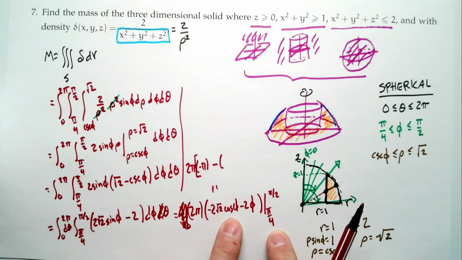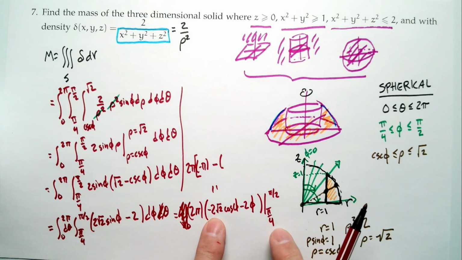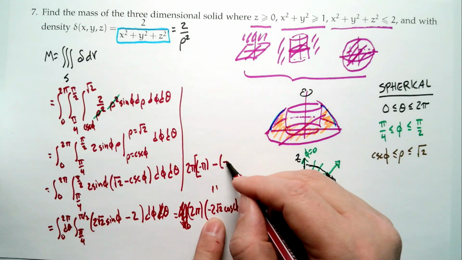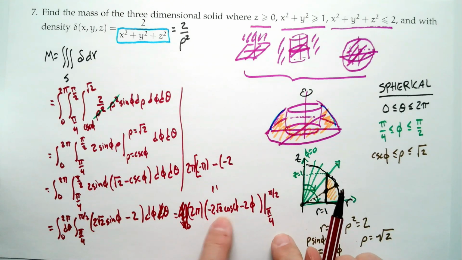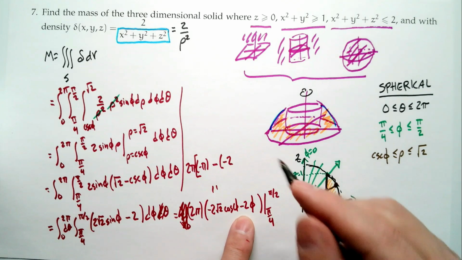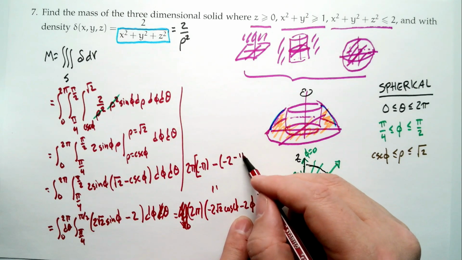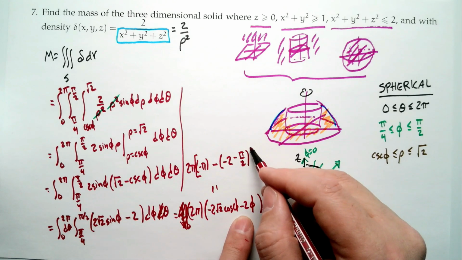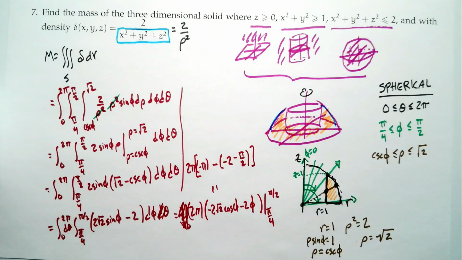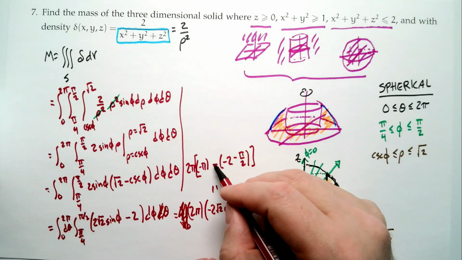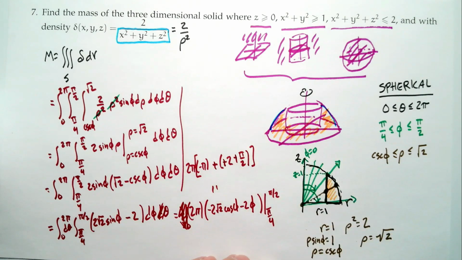Cosine of pi fourths is root 2 over 2 times another root 2 would give us 2 over 2, which is 1, times another 2, so we get minus 2. So that's when you plug in pi fourths. Then 2 times pi fourths will be minus pi halves. Okay, good news.